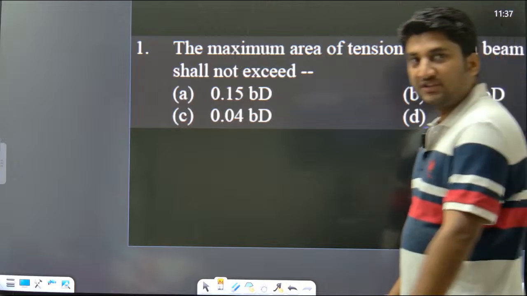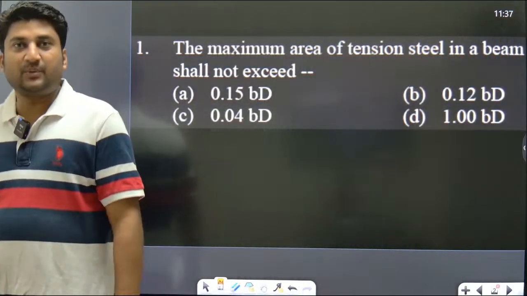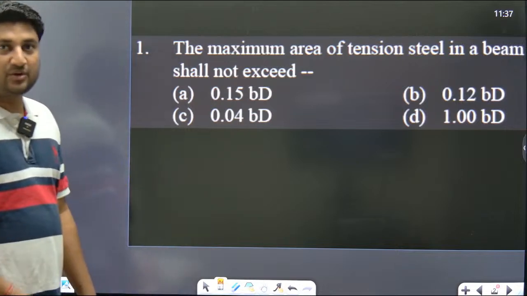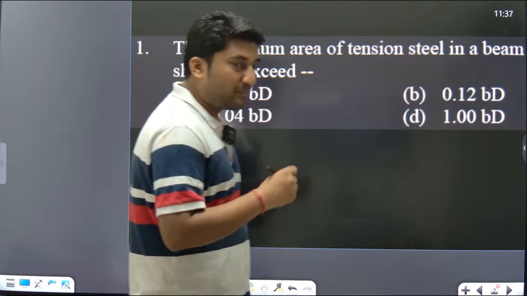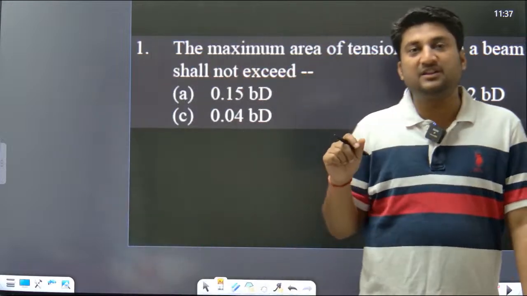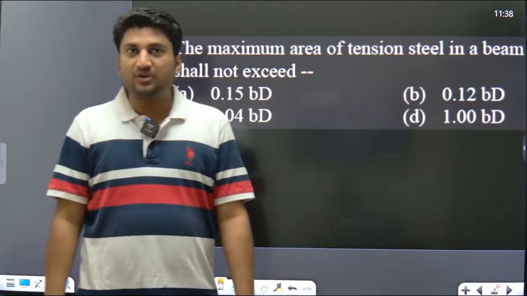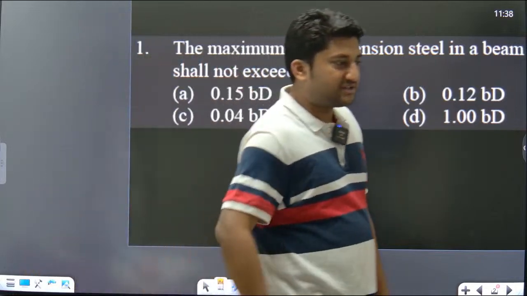The question is, the maximum area of tension steel in a beam shall not exceed. In today's session I'll be covering the codal provision for beam, in the next class the codal provision for slab, and in the next class the codal provision for columns. This is how we will cover the RCC.